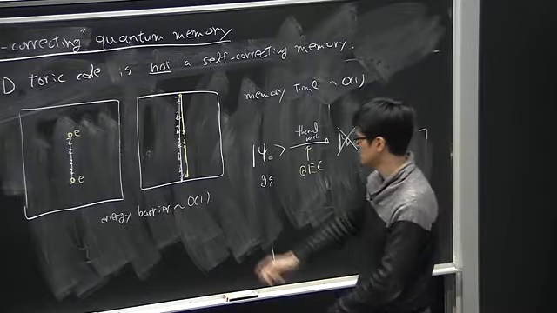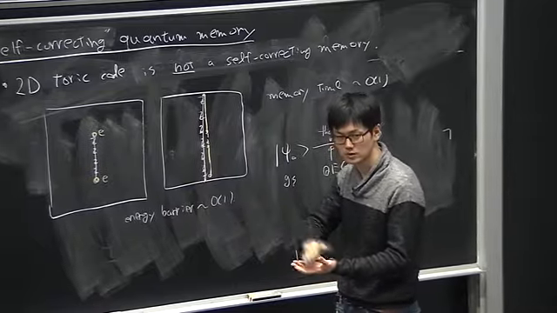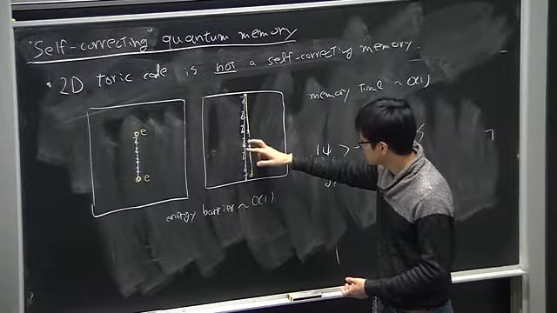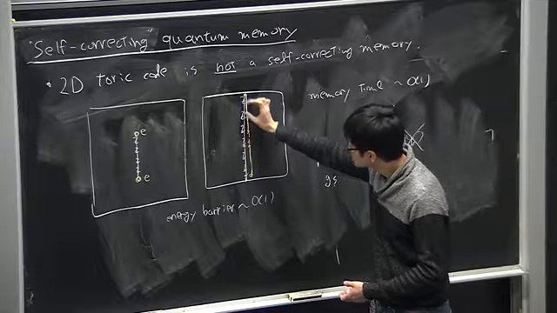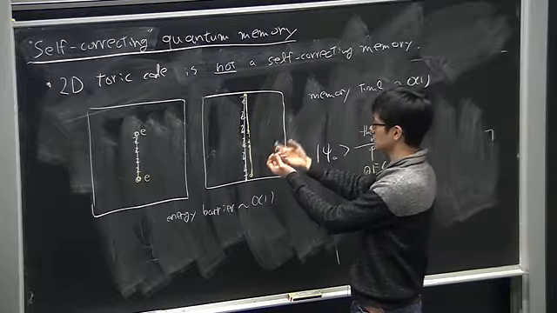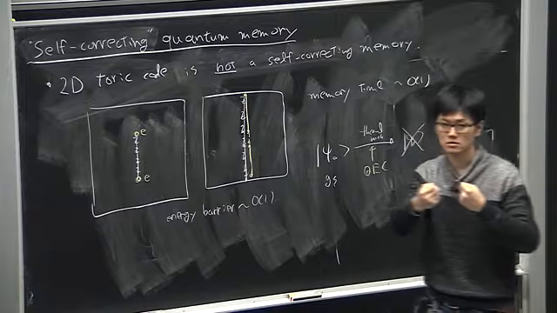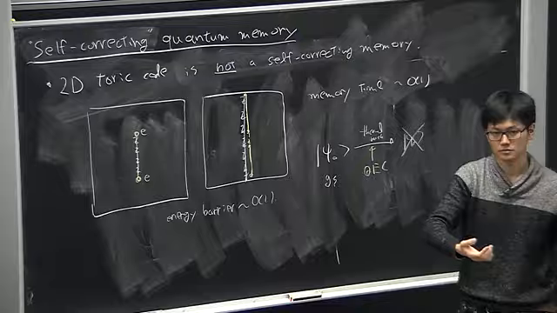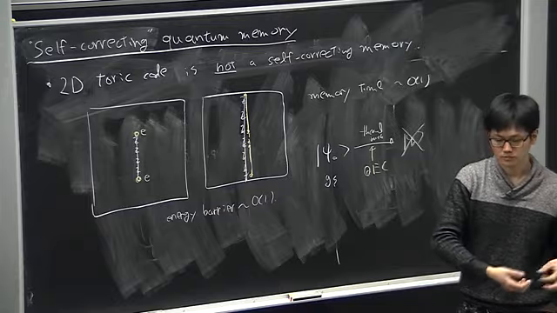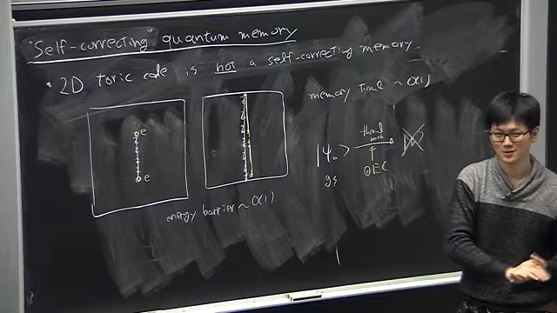The answer is yes, because if we apply this string of Z operators, we can go from one state to the other. Now, if we think about implementing this Z operator sequentially, that is the same as creating two excitations and then moving them. Once you create the excitations, there is no change in energy, so there is no energy barrier. And creating the excitations costs O(1), order 1, unless you put some very, very big number in front of the Hamiltonian. But that's sort of cheating, right?